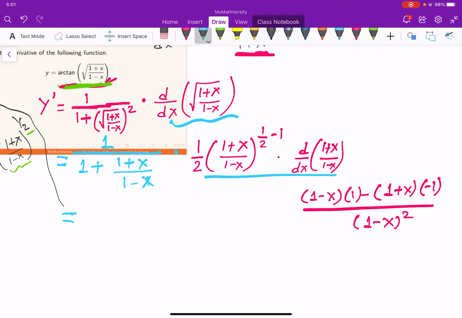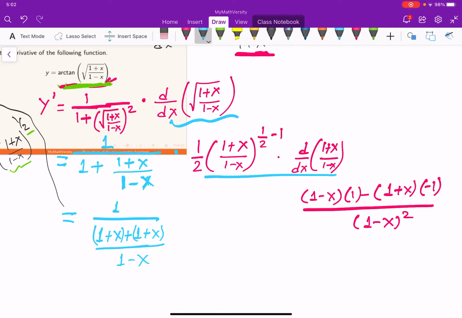Now you can simplify the first term, which is 1 over 1 plus x over 1 minus x, by taking the lowest common denominator, which is here 1 minus x, right? When you do that, you will have 1 over, what will we have here? 1 minus x is the lowest common denominator. Then we have 1 plus x plus 1 plus x, right? So that's how we can simplify the denominator.